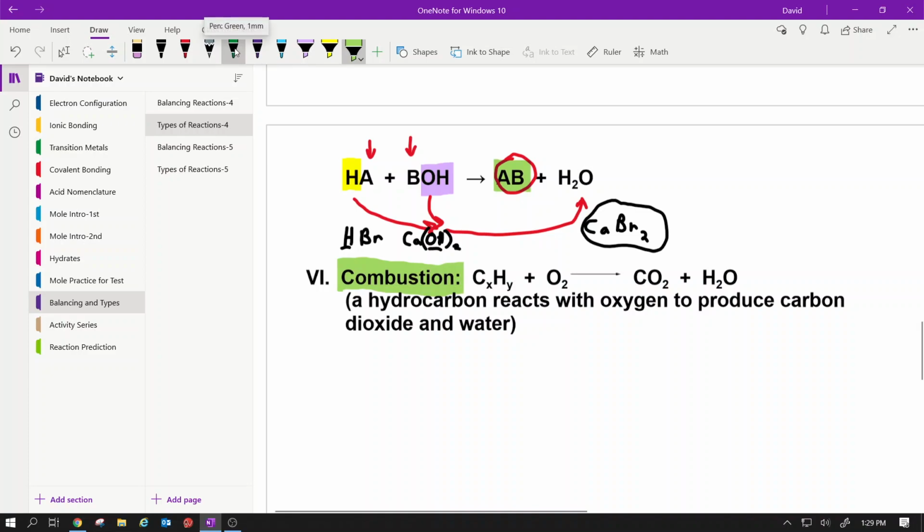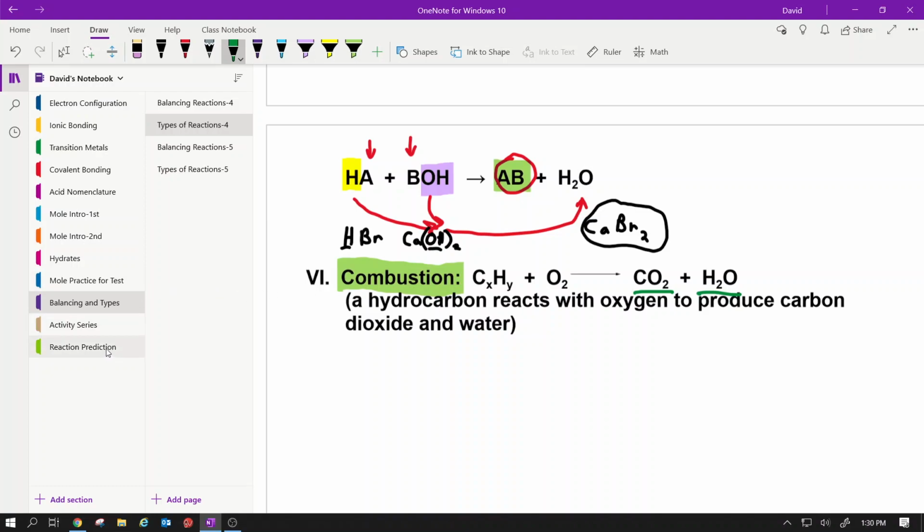So it always makes CO2 and H2O in terms of the products, and then you just have to look at what the x and y were in terms of getting it balanced. But your hydrocarbon always reacts to produce carbon dioxide and water, and also it produces heat, releases energy.